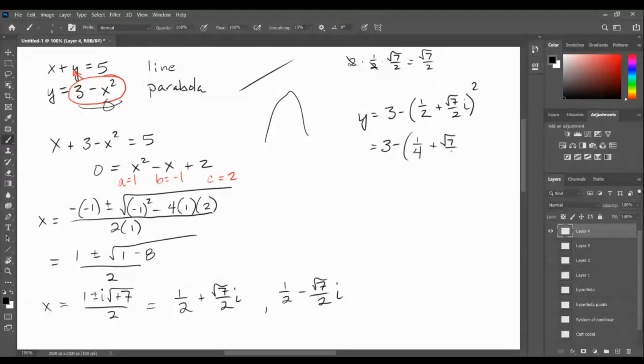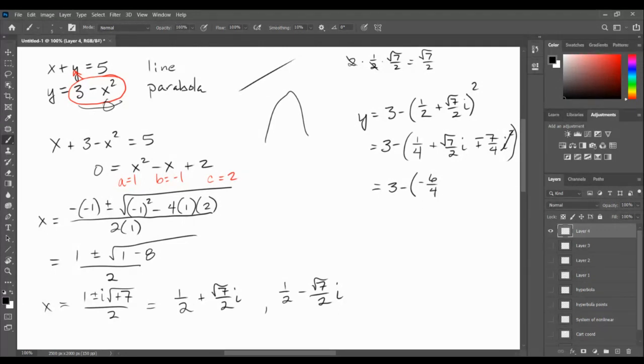We still have the i, though. And then we've got this term squared, which will give us 7/4 i squared. Looks crazy, doesn't it? But i squared is just a negative 1, so we can make that a negative. So now we've got 3 minus 1/4 minus 7/4, which is negative 6/4.